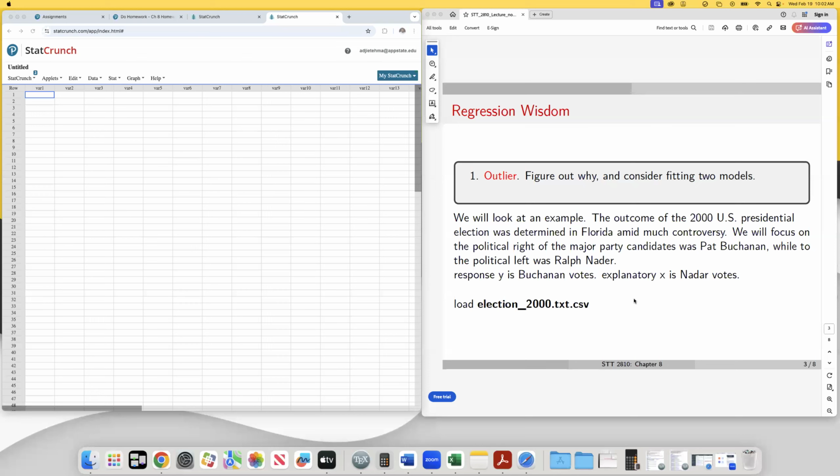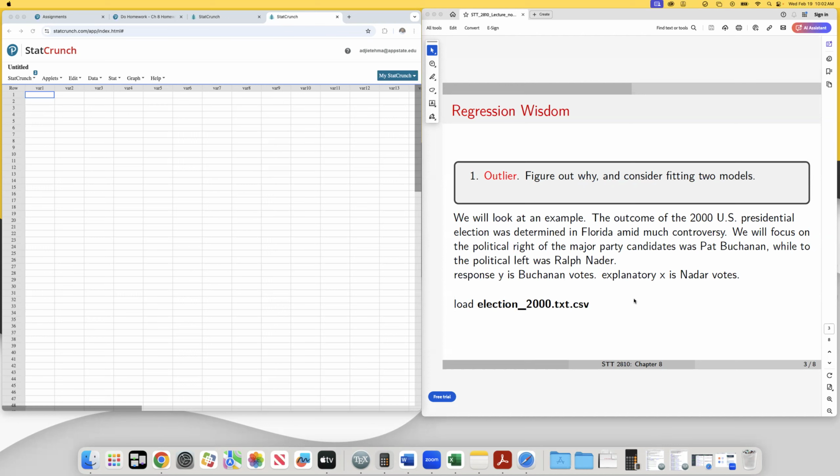Whenever you encounter an outlier, it is very important that you figure out why and also fit two models: one model with the outlier and the other one without the outlier.